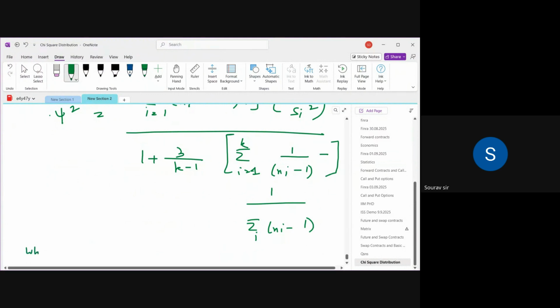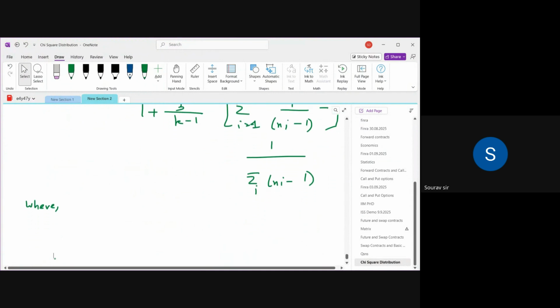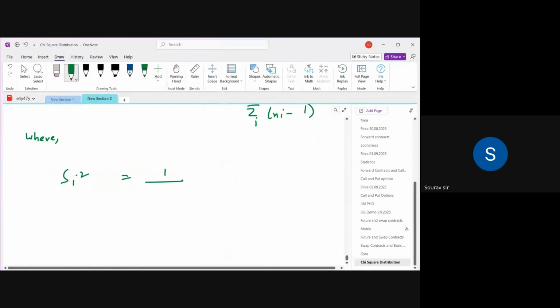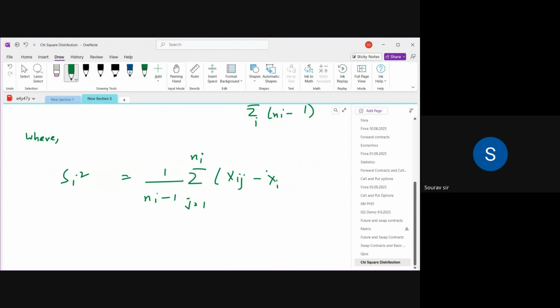Where in this formula, si square is 1 by (ni minus 1) times the summation of j from 1 to ni of (xij minus xi bar) squared, with i from 1 to k.